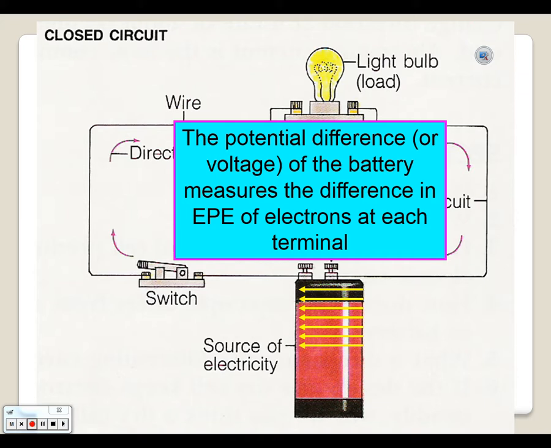How different is the energy coming out of the battery versus when it gets back to the other side? All right, good with that?